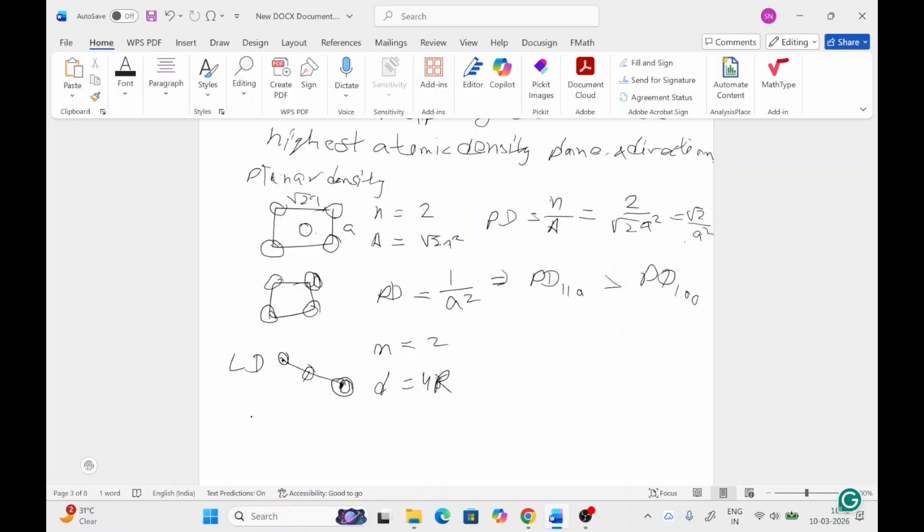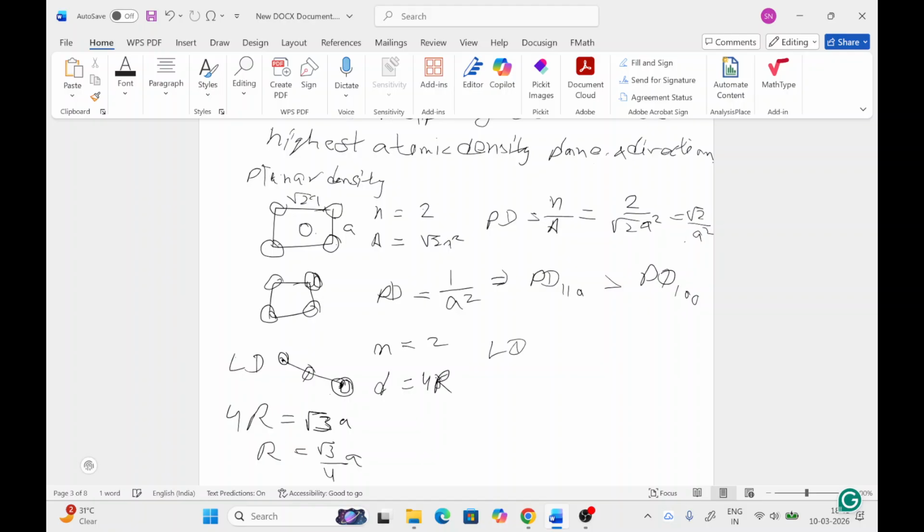For BCC, 4R equals root 3a, so R is root 3 by 4 a.